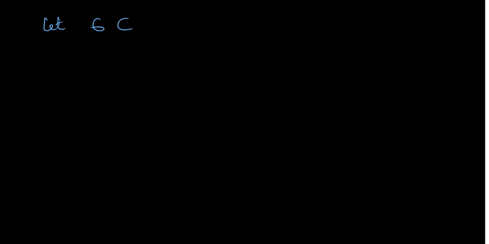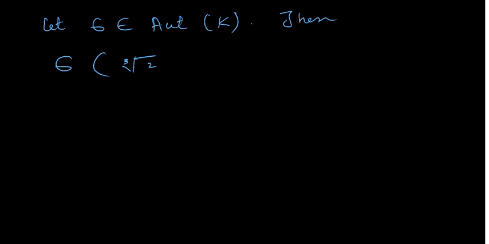So let sigma belong to Aut of K, an automorphism of K. Then we'll see this: sigma of cube root of 2 whole cubed.